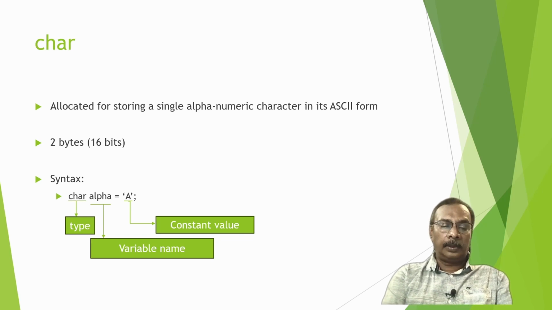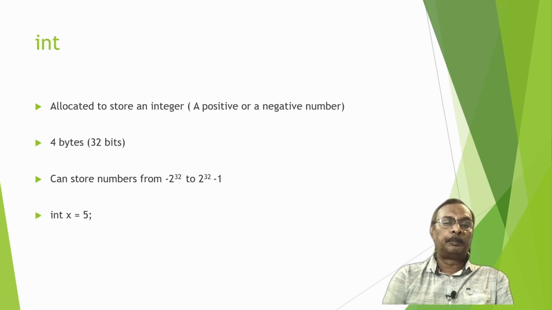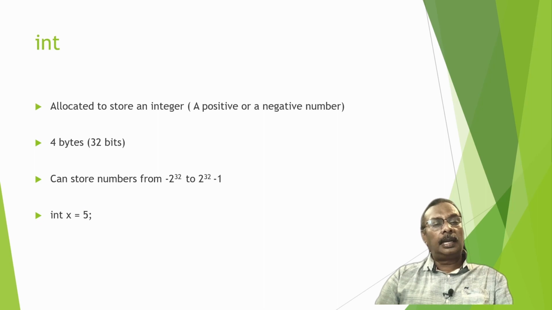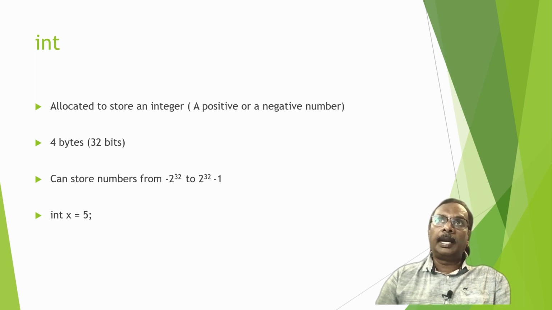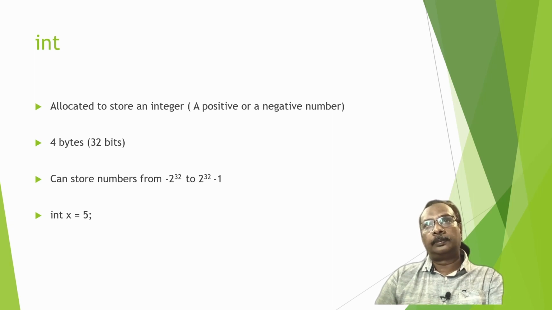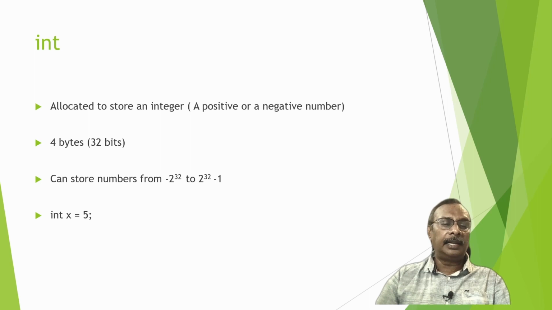So the next thing we are going to see is int. Int is used to store an integer value, a whole number, a positive or a negative whole number, and the size of an int type in memory is 32 bits, that is 4 bytes. So it can store values from minus 2 power 32 to 2 power 32 minus 1, right?